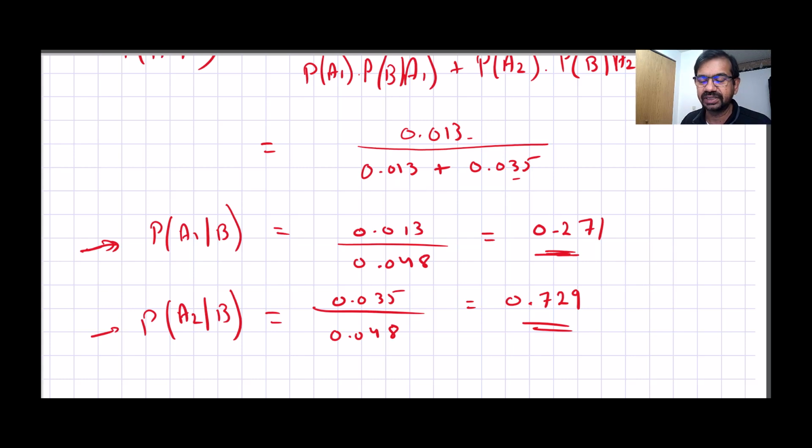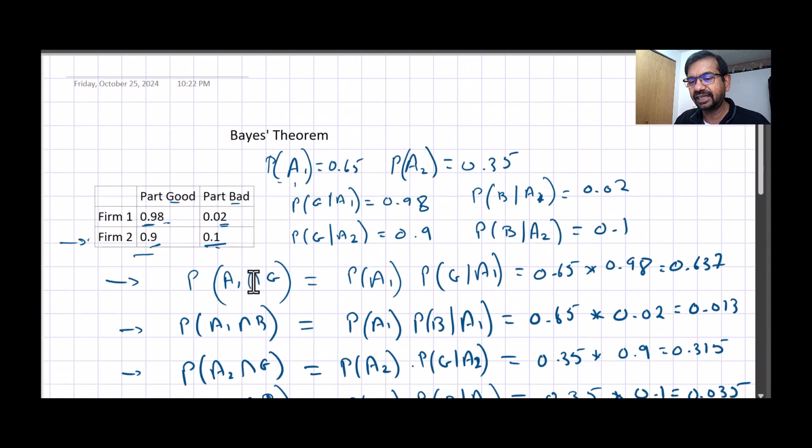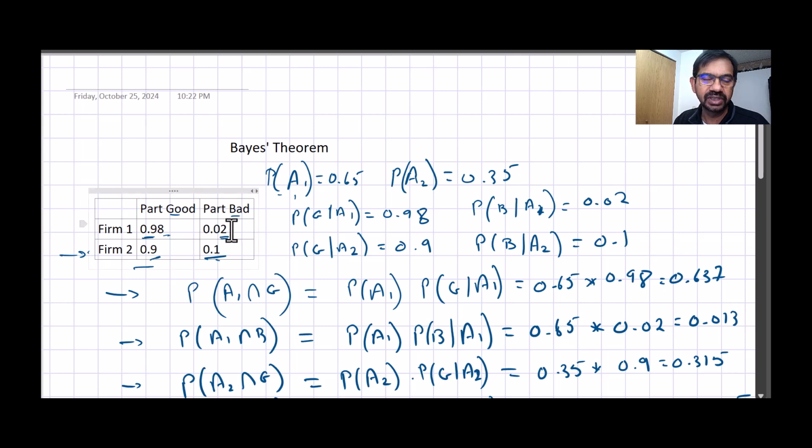prior probabilities. And what is also cool about Bayes' theorem is that if at any stage these numbers change, so let's say firm 2 does a major overhaul of its technology, it's a new process in which its percentage of bad parts increases or decreases to maybe only 3%. Its good part goes up to 97%.